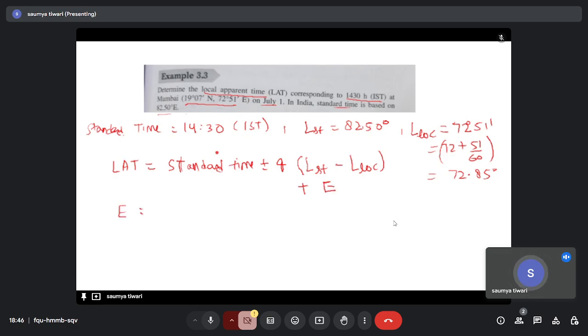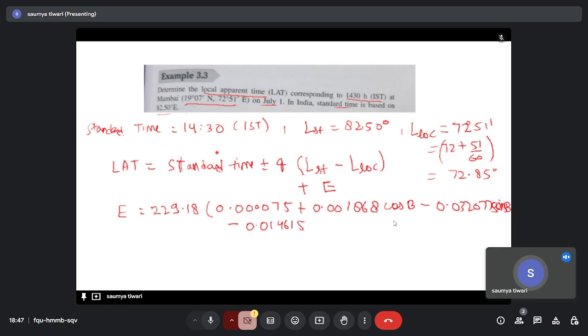Where E value is given by, there was a very long equation, 229.18 into 0.000075 plus 0.001868 cos B minus 0.032077 sin B minus 0.014615 cos 2B minus 0.04089 sin 2B. Okay, where B is (n minus 1) upon 365 into 360.